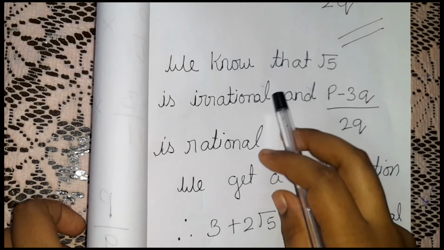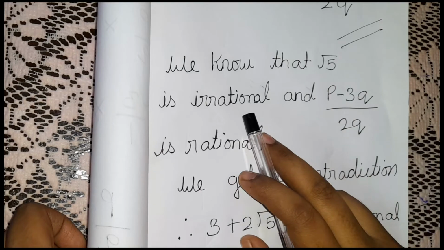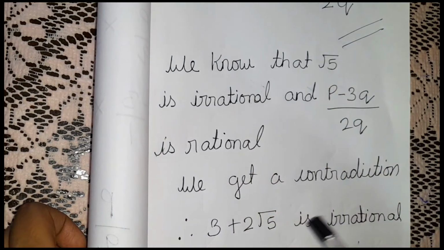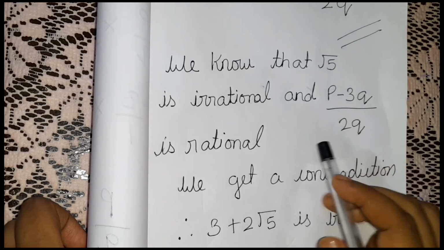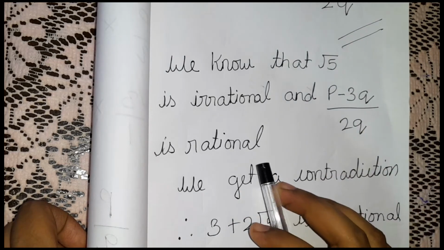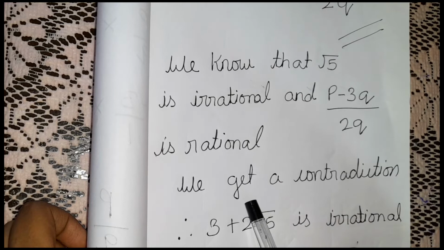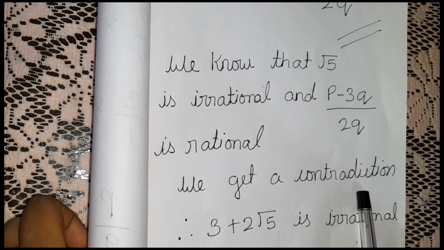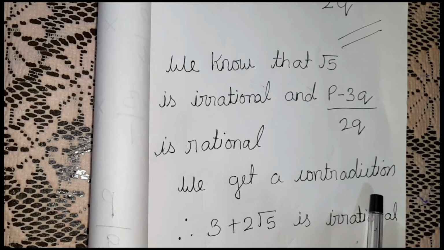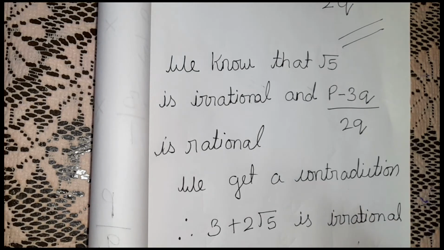So now it is rational, then we take contradiction. Contradiction means conclusion. After contradiction we got it is irrational.